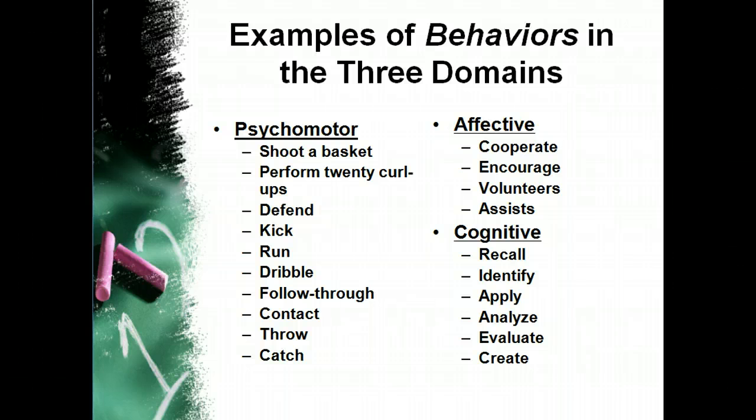Those levels are represented and named in the document I gave you earlier that compares the taxonomies: Harrow's taxonomy of the psychomotor domain, Bloom's taxonomy of the cognitive domain, and Krathwohl's taxonomy of the affective domain.